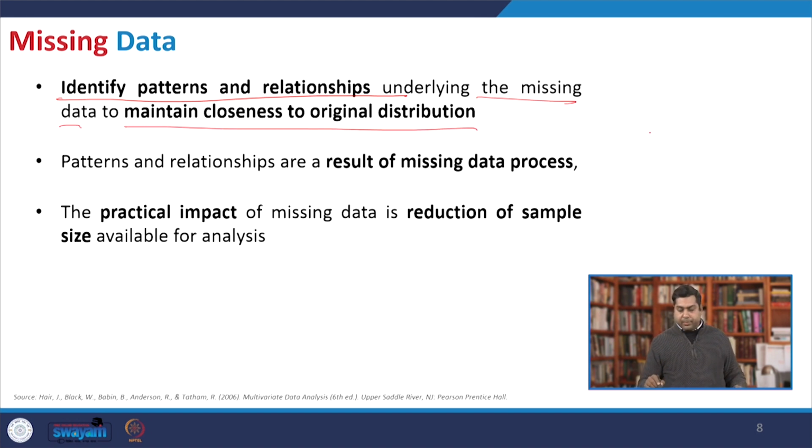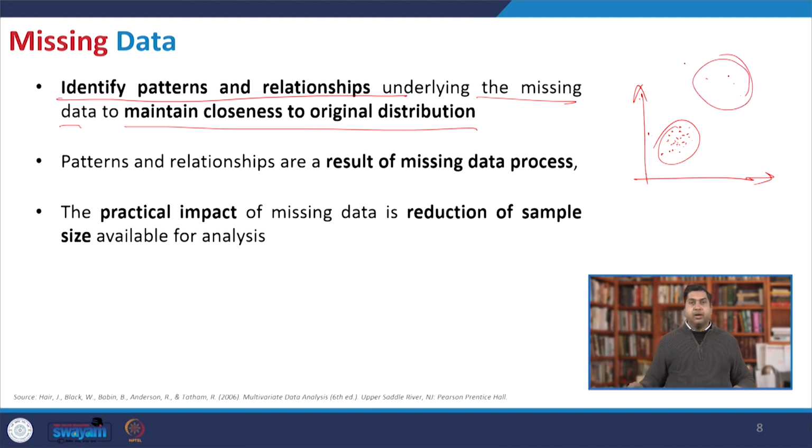So, for example, if in a particular plot you find all these data points like this, and then you find a few data points which are really away, and they are not making any clusters or matching the original distribution, then these become outliers, or if they are sufficient in number then they can form a different cluster.